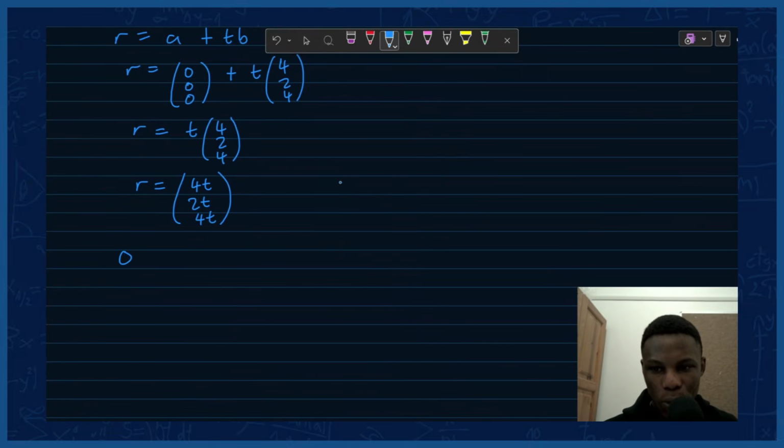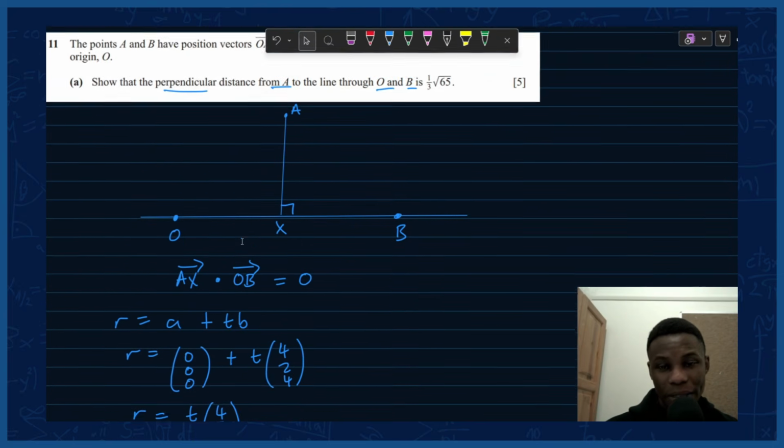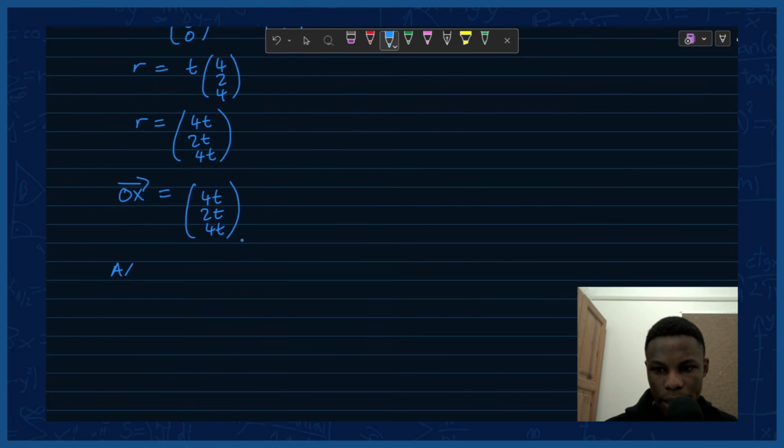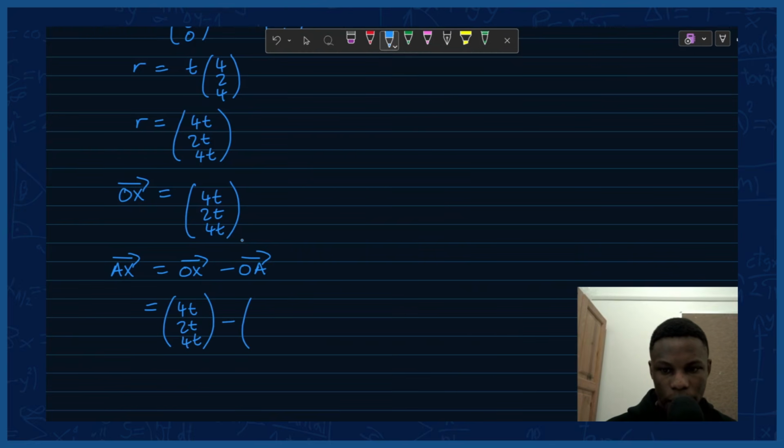So we can get its general coordinates just by the fact that it lies on this line. So I can say that OX has a vector of the form (4t, 2t, 4t). Okay. And now this allows me to get a general form for AX. I know AX is going to be OX minus OA. And so this is our OX, (4t, 2t, 4t), minus OA.